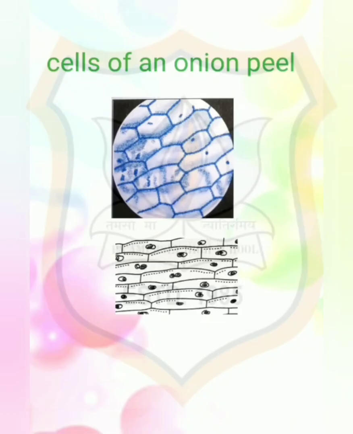Let us discuss what we have observed on putting a temporary mount of onion peel under the microscope. The very first point we have observed: all these epidermal cells are slightly rectangular in shape. Next, all these cells are similar in shape and size. And in each cell, at the center, we are observing a spot.